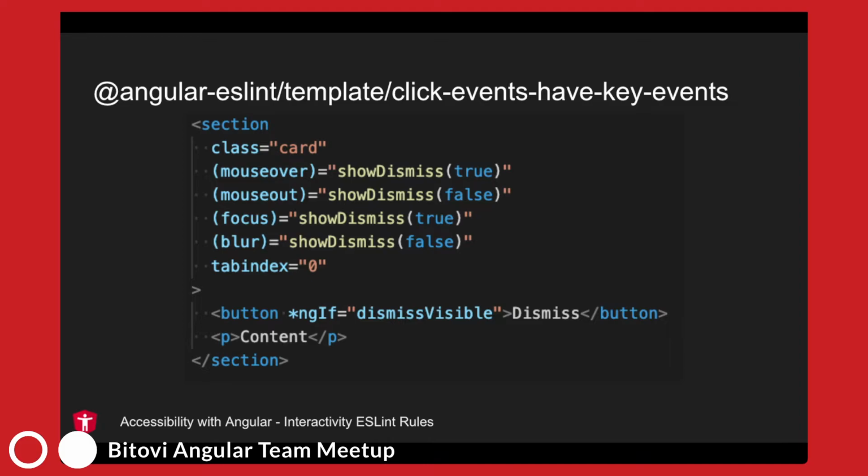Without that, since sections aren't typically keyboard navigable, those two events we added would never fire anyway. So those three things together make it possible for this to both pass that lint rule and be keyboard interactive.